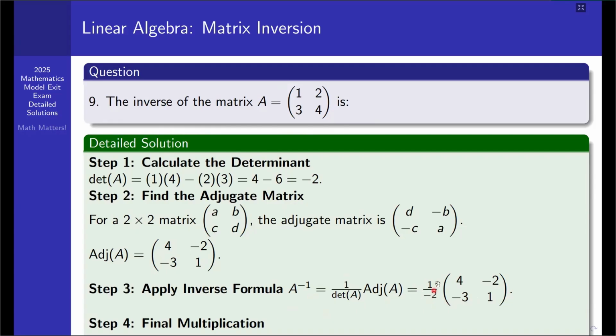If we multiply that, we simply distribute this: each and every element of this matrix is multiplied by the reciprocal of the determinant, so that we obtain minus 2, that is 1 over negative 2 times 4 is minus 2, minus 2 times negative 1 over 2 is positive 1, and minus 3 times negative 1 over 2 is 1.5, which is positive, and this could be the negative 0.5. Therefore, this could be the inverse of this 2 by 2 matrix.